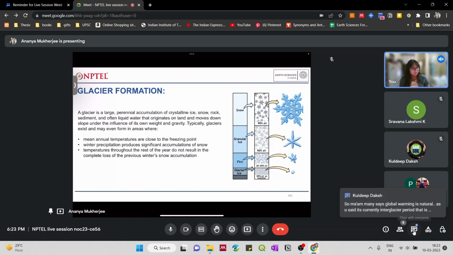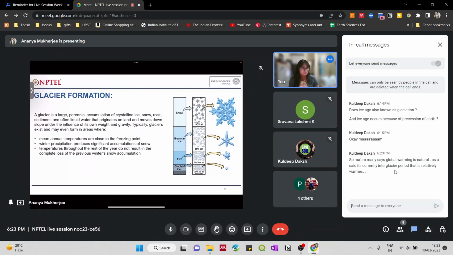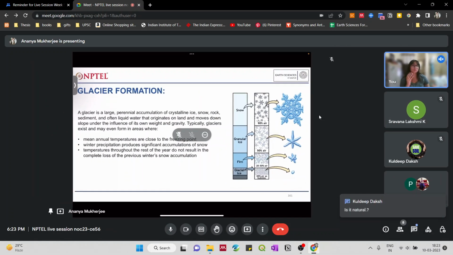Yes, Kuldeep. I said that global warming is actually a natural process. Glaciation and interglacial periods are also natural processes, but the rate at which the global temperatures are rising is affecting us. That is why it is of concern. Earth has experienced much, much warmer climates before also, but we were not there.